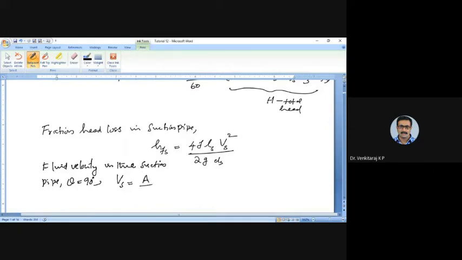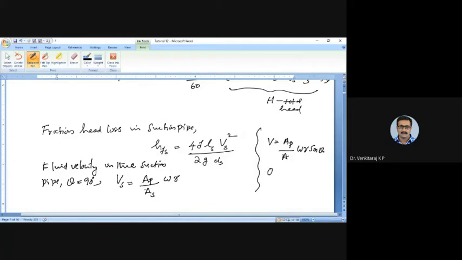This is equal to AP by AS omega R. Actually, the instantaneous velocity V is AP by A omega R sin theta.